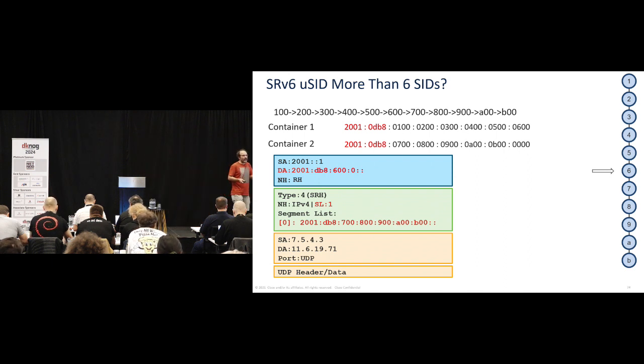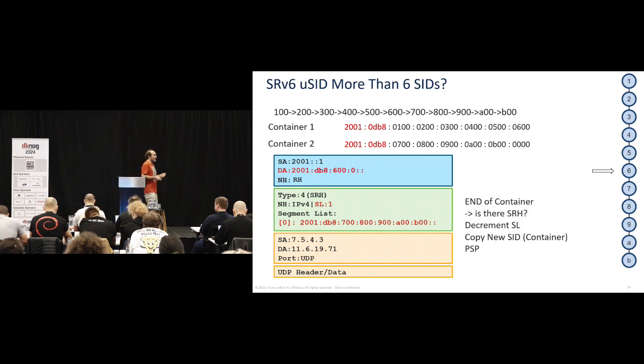End of the container actually means the packet is either for myself, or there is another container somewhere in an SRh. So it will check, see there is an SRh, and do what I've done before with a full SID. It will decrement segments left, copy the new active segment to the destination address, and forward.